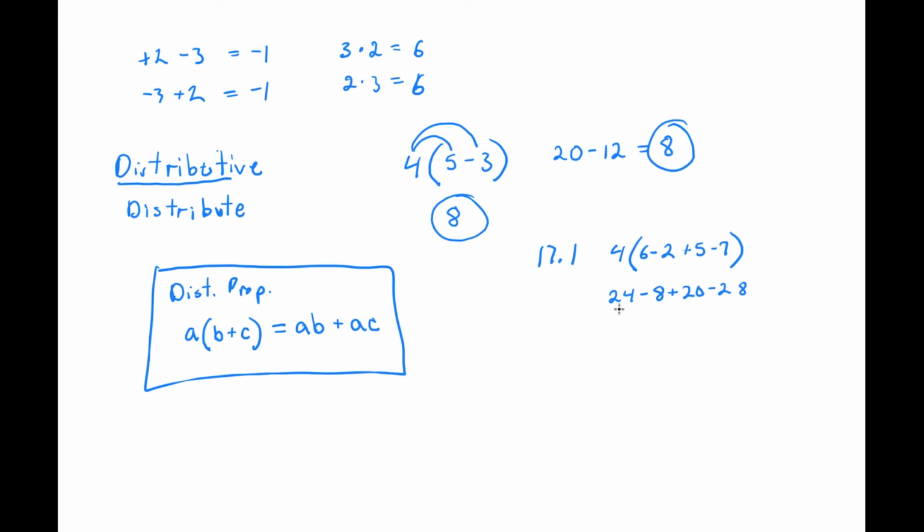That's going to be 44. And we have a negative 8. So 44 minus 8 minus a 28 leaves us with 8, right?